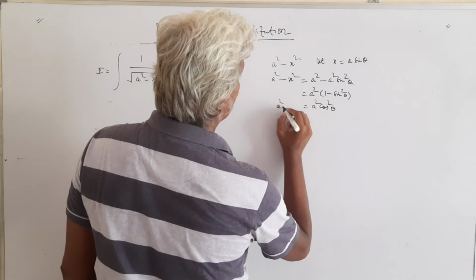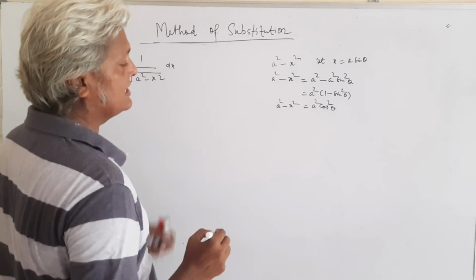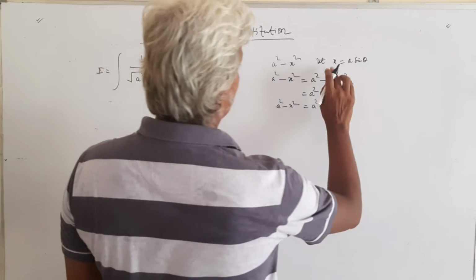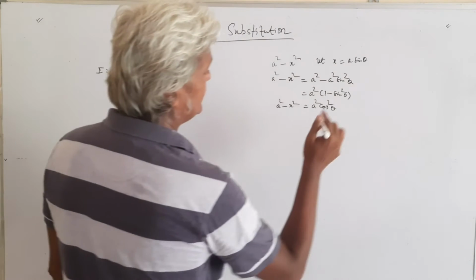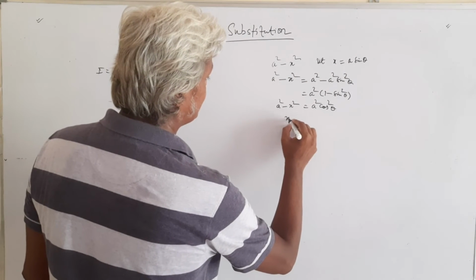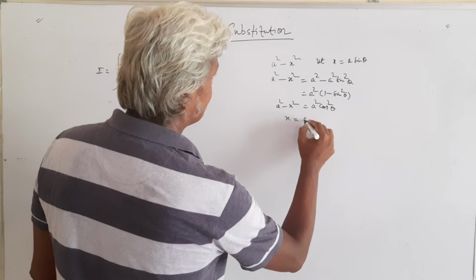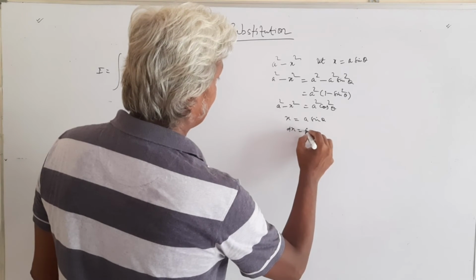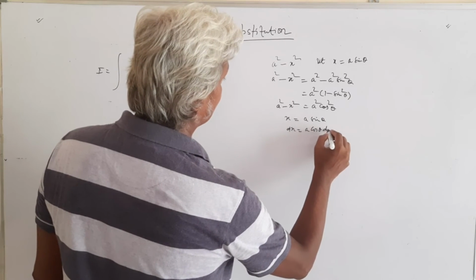So a square minus x square is nothing but a square cos square theta, and since you have substituted x in terms of theta, we need to find the differentiation of that also. So x is a sine theta, then dx is a cos theta d theta.